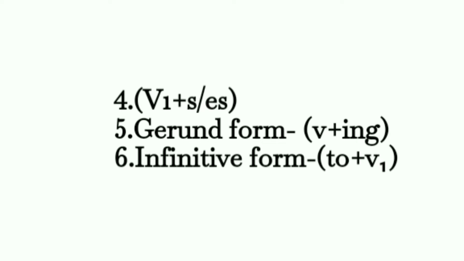Number 5, gerund form or verb plus ing. Number 6, infinitive form or to plus V1. Dear students, you have to know these forms of verbs and you have to use it properly.